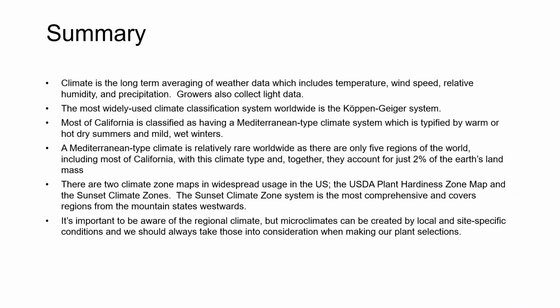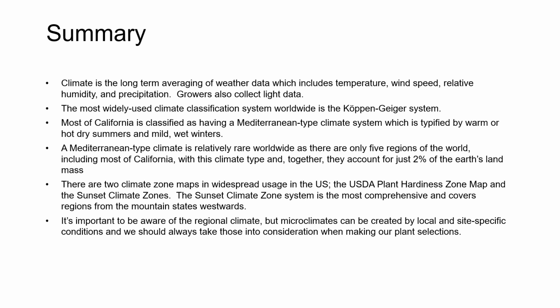So just to summarize this short lecture, climate is the long-term averaging of weather data, which includes temperature, wind speed and direction, relative humidity, precipitation, and solar radiation. The most widely used climate classification system worldwide is the Köppen-Geiger system.